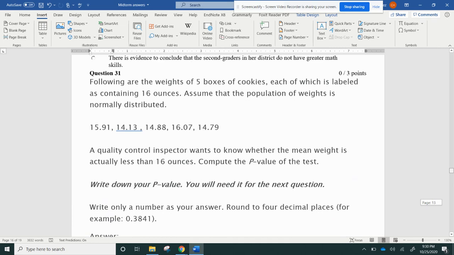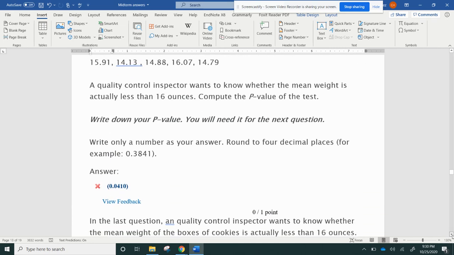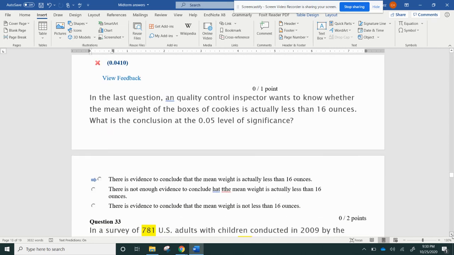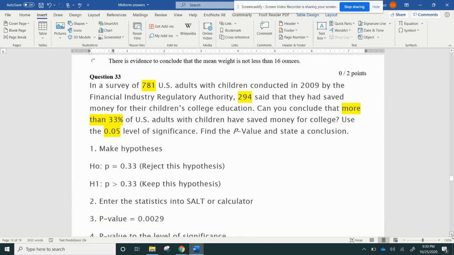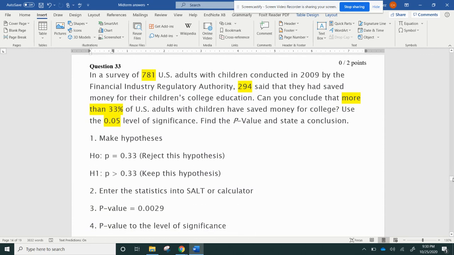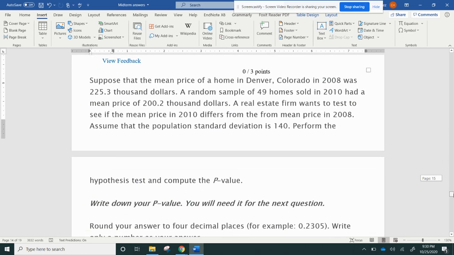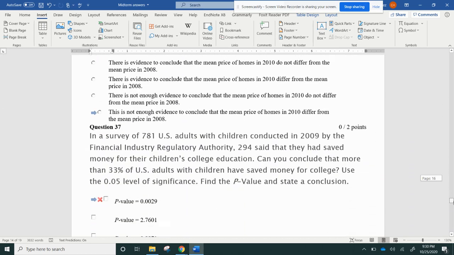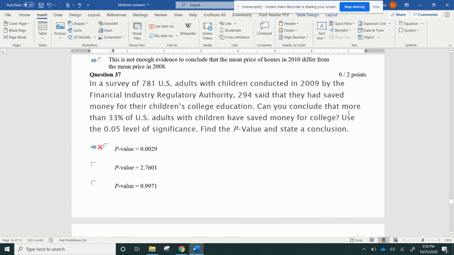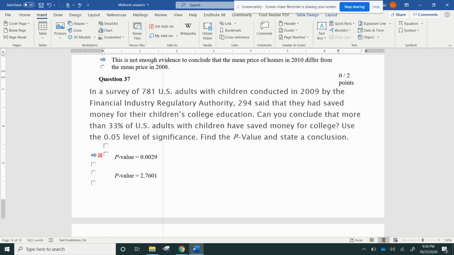Let's go back down. Yeah, it's the exact same, so I'm not going to do it again because it's more than. Number 37 is the same as the one we did before, so I'm just going to mark this one out because we already did that one.